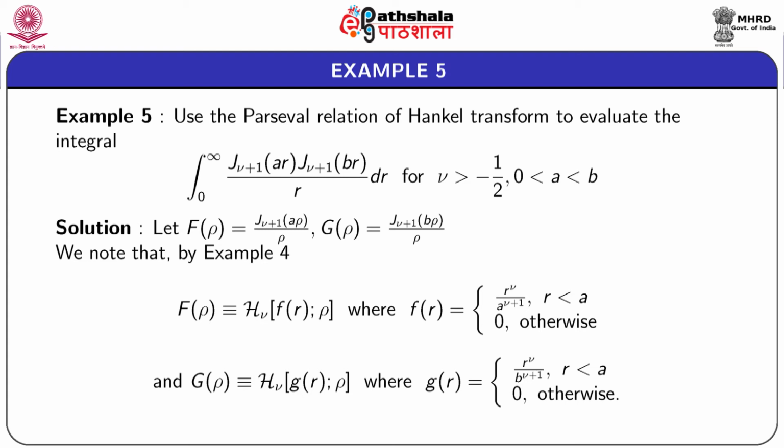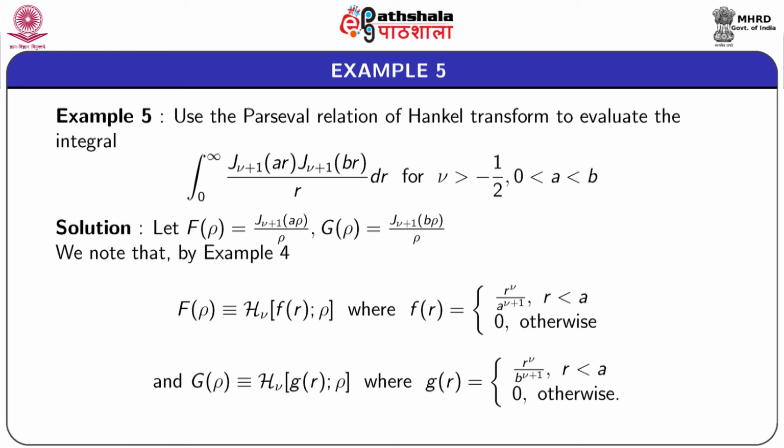To show this, we write capital F rho is equal to J nu plus 1 a rho by rho, and capital G rho we write as J nu plus 1 b rho by rho.